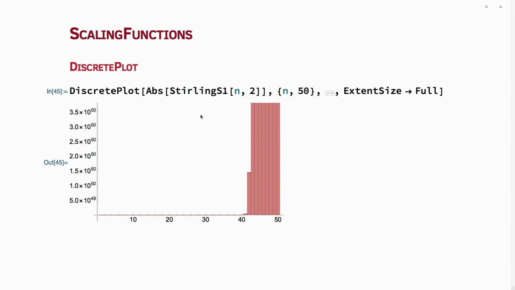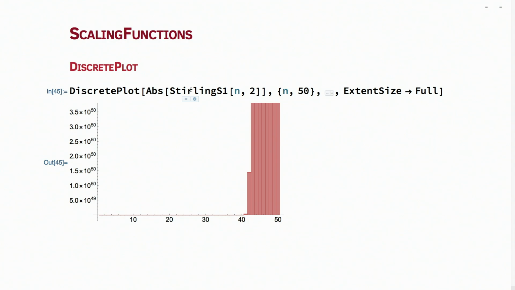partially to support the documentation effort of some work that the symbolics teams have been working on. And so here we have a discrete plot of StirlingS1, which grows just incredibly quickly. I mean, actually, this is the absolute value of StirlingS1 because it alternates in sign, and I just wanted to show the growth in magnitude.